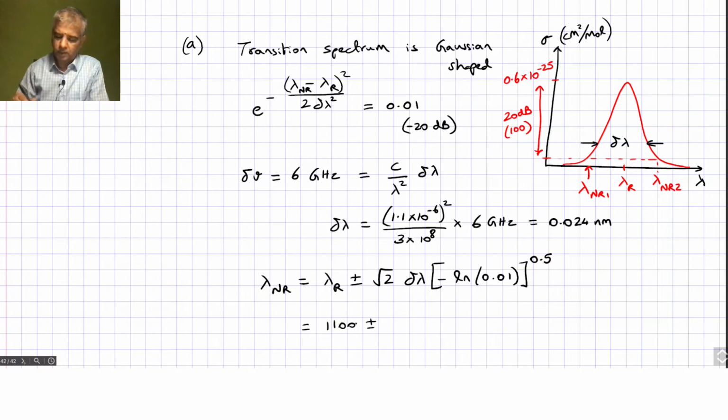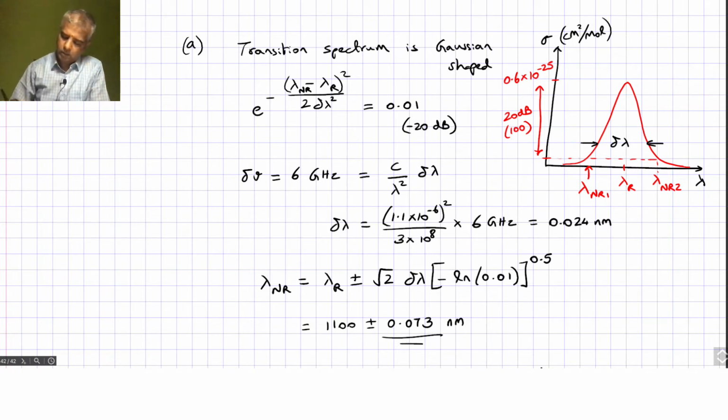So, 1100 plus or minus, if you do the math, you will come to about plus or minus 0.073 nanometers, or rather 73 picometers, is what you need to move so that you can get down by a factor of 100 as far as the absorption transition cross section is concerned. So that is essentially one thing that we have been asked to find out.